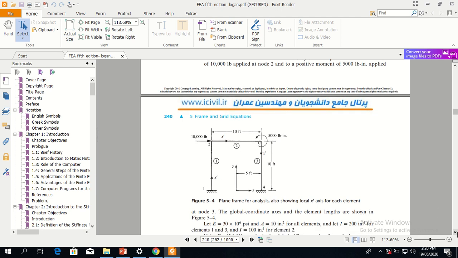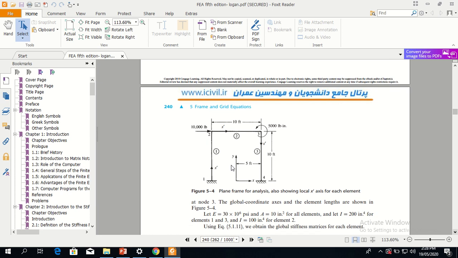So first we have to see that these x and y are global coordinates, and this element 1 is making an angle of 90 degrees with the x-axis, and this element 2 is making 0 degrees with the x-axis, and this element 3 is making 270 degrees with this x-axis.